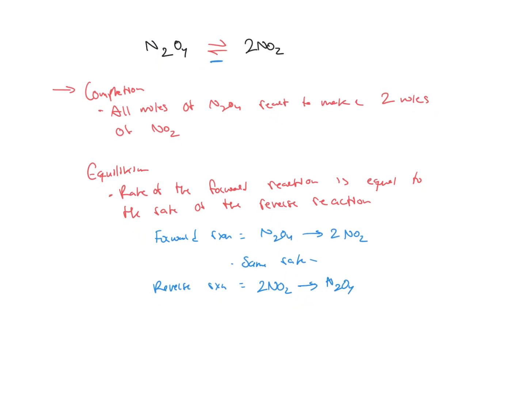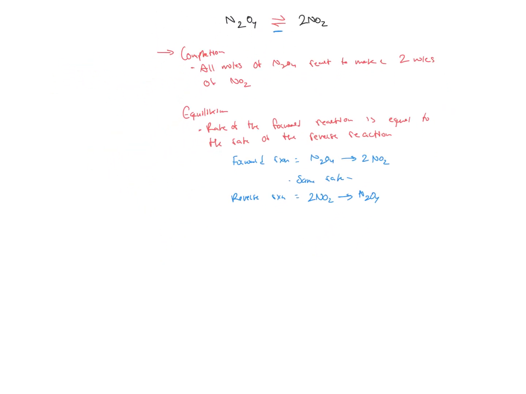And we can actually depict this in terms of a graph. And so let's say here, I have concentration in molarity. And on my x-axis, I have time. We'll call this seconds. It doesn't really matter what the unit is, but we'll call it seconds. Now, over the course of the reaction, your concentration of NO2 is going to increase until eventually it reaches this plateau.